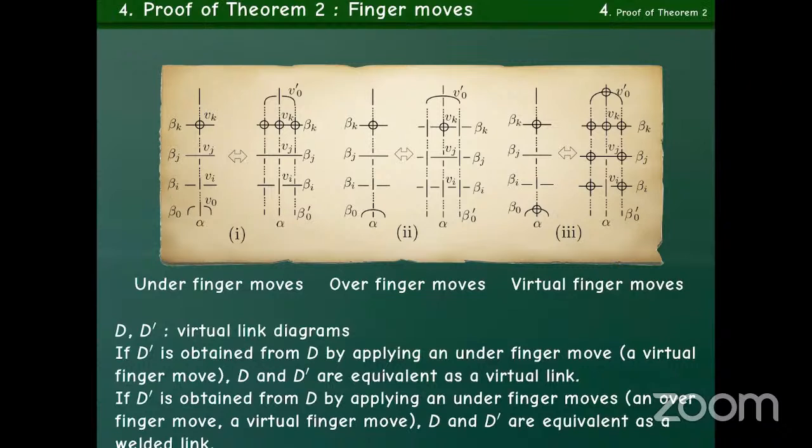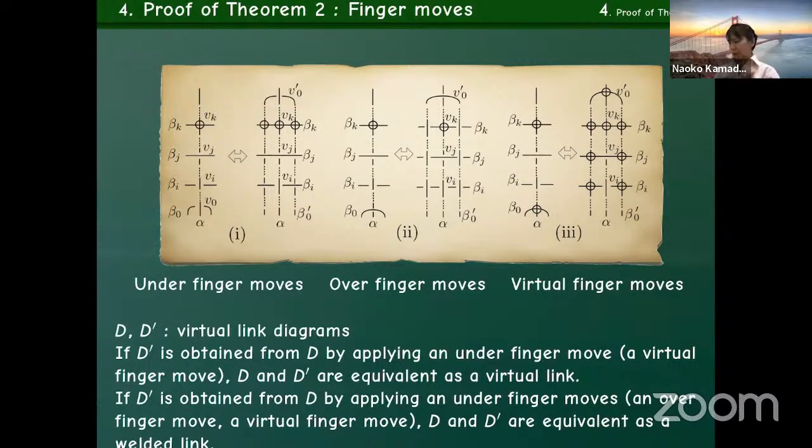Okay, so let D and D prime be virtual link diagrams. If D prime is obtained from D by applying an under finger move or a virtual finger move, then D and D prime are equivalent as a virtual link.